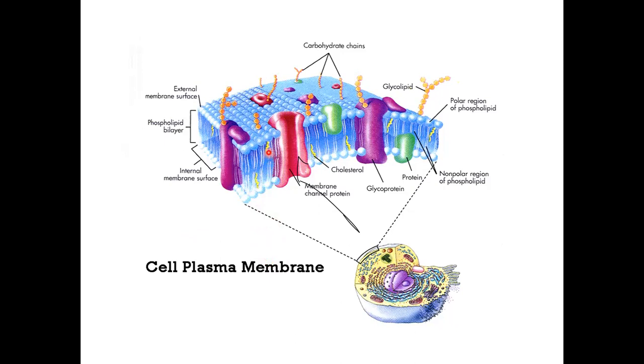So cholesterol makes the cell membrane more flexible, more stable, and more semi-permeable. It prevents movement of substances across the cell membrane. So any small gaps that are left in between the tails are filled by cholesterol molecules.